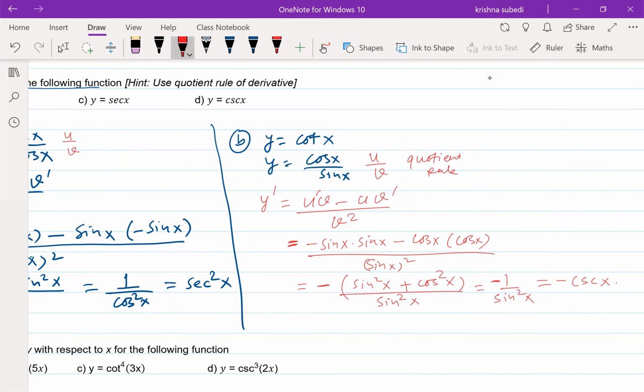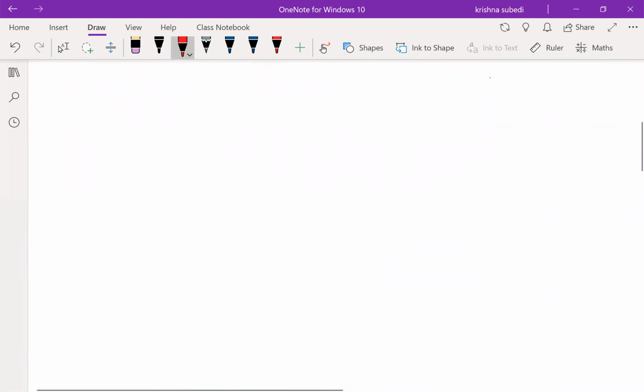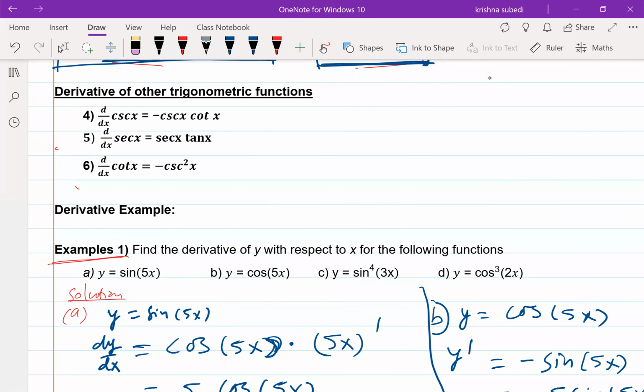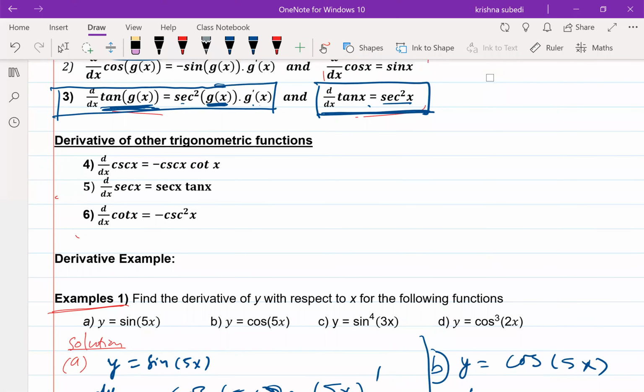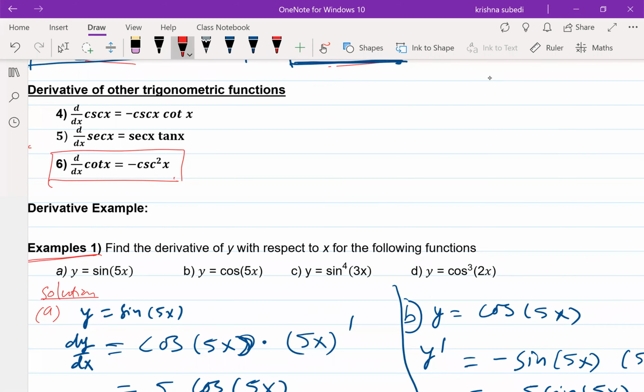So this will be negative cosec squared x. Okay, now we can use this as a formula, and let me list that as formula number 6. So this one is the formula we just proved. The derivative of cot x is negative cosec squared x.